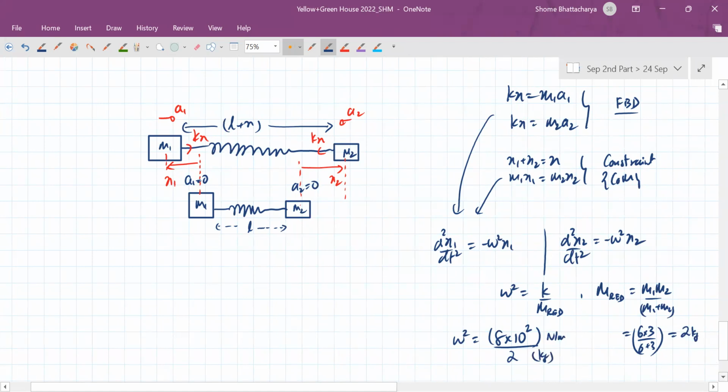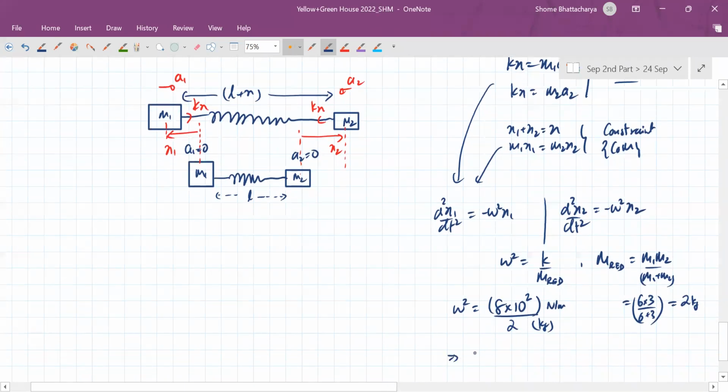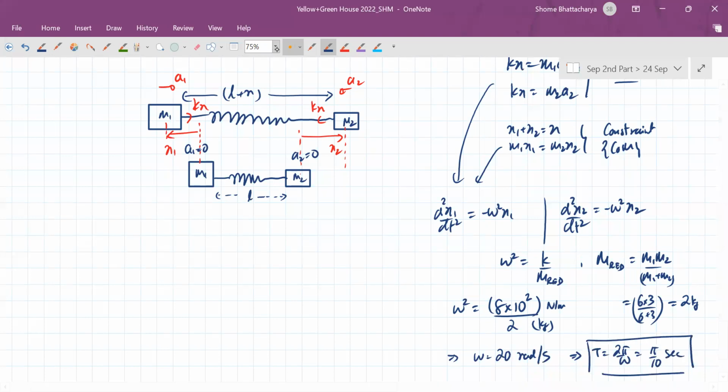So omega square is 400. So omega will come out to be 20 radians per second. So time period will come out to be pi by 10 seconds for both the SHMs.